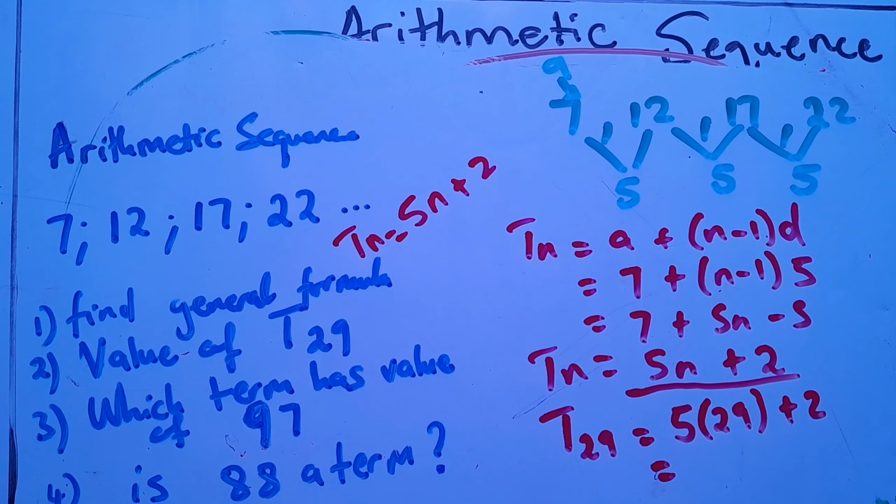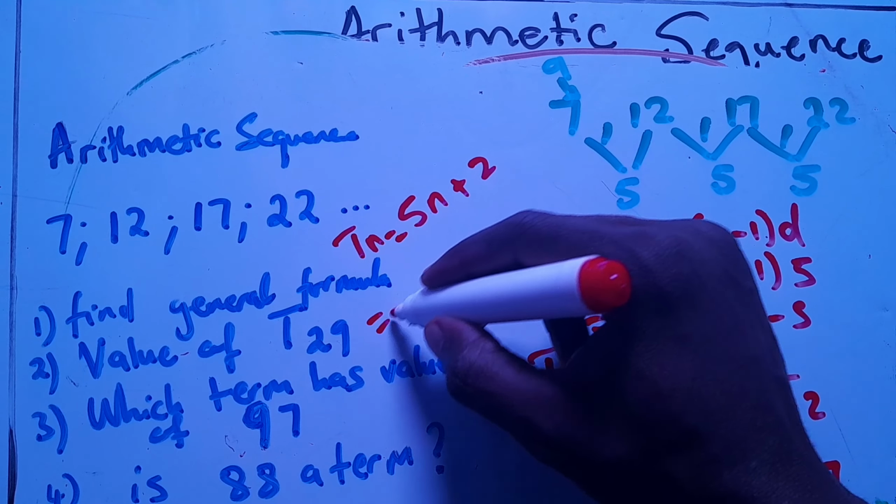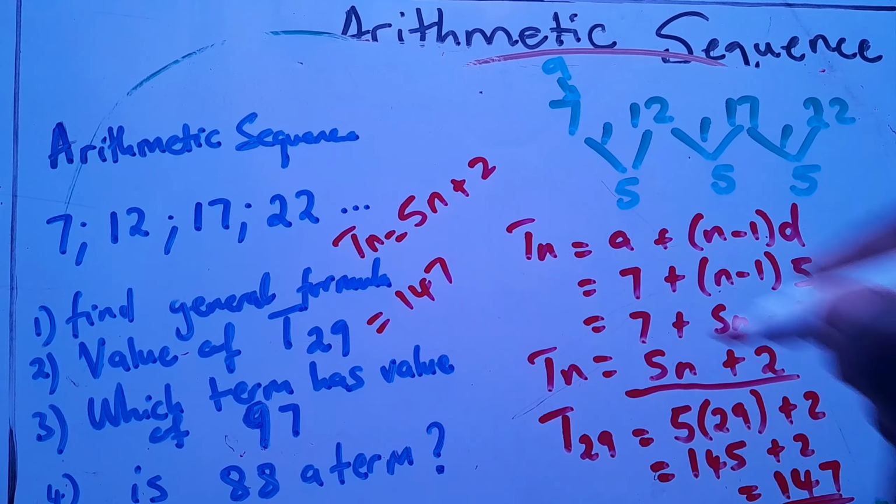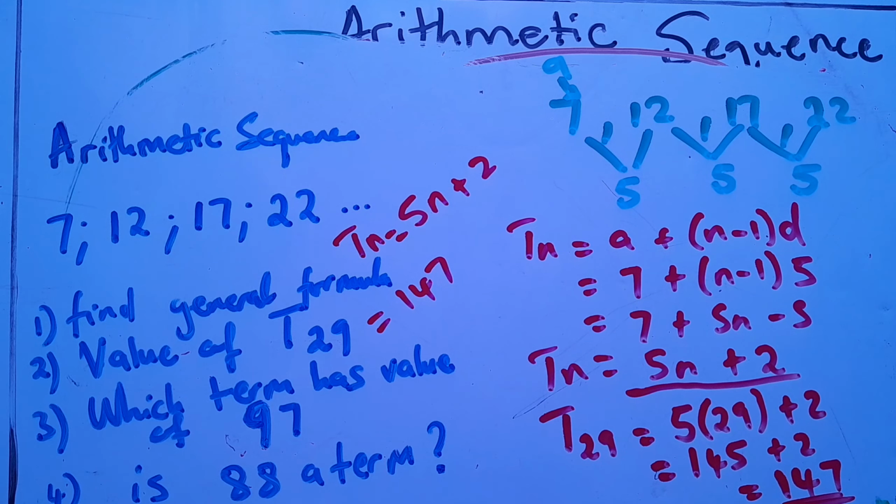What is 5 times 29? It is 145, right? And then plus 2, this becomes 147. So term number 29 is equal to 147. Can you see that? Let's continue to the next question.